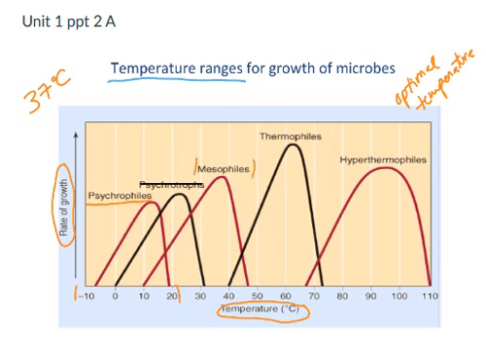Then we have mesophiles. Next we have thermophiles. And then there are hyperthermophiles, which are somewhere between 68 degrees Celsius and 110. So these are found, for example, at the bottom of the ocean, at hydrothermal vents. These are incredibly high temperatures.